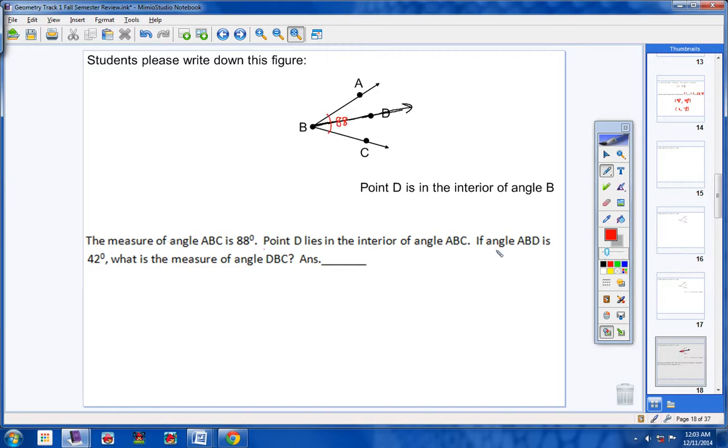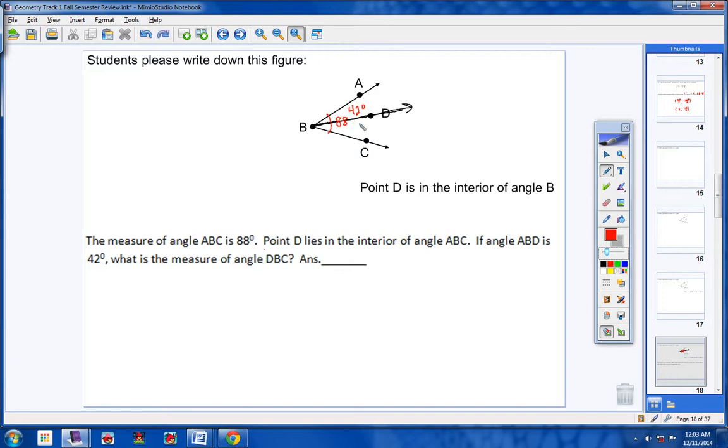Okay, angle ABD is 42. So this little angle right here, ABD, is 42 degrees. What is the measure of DBC, this little angle right here?